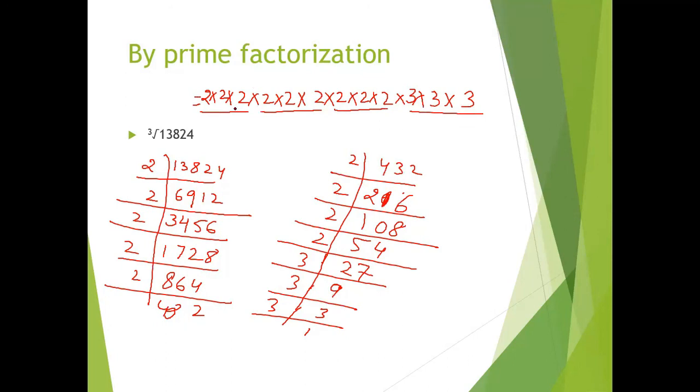Now from each group take one number. 2 into 2 into 2, take one 2. Again take one 2. From this group also take one 2, and from this take 3. 2 into 2 into 2 is 8, and 8 into 3 is 24. So the cube root of 13824 is 24.